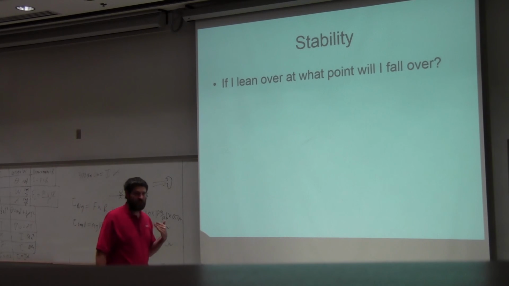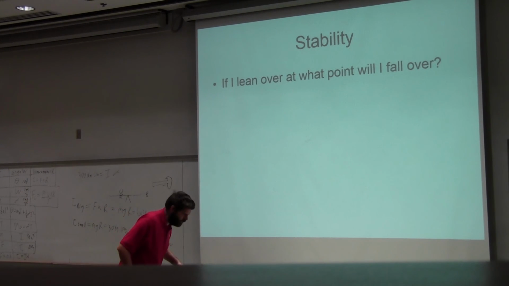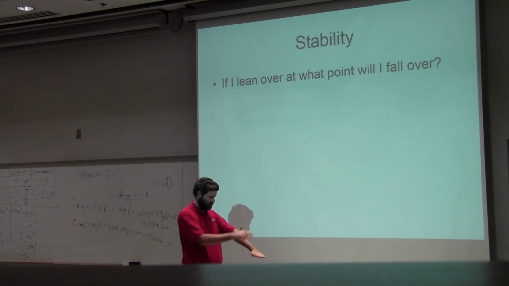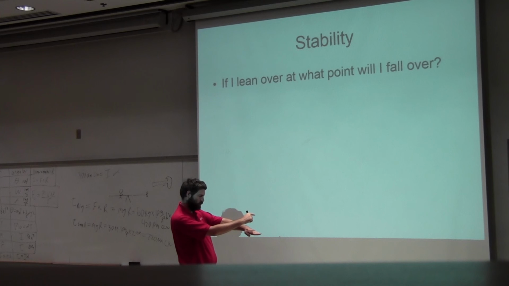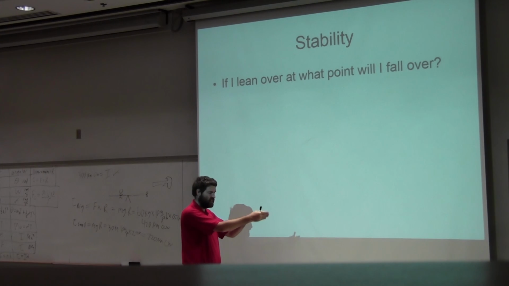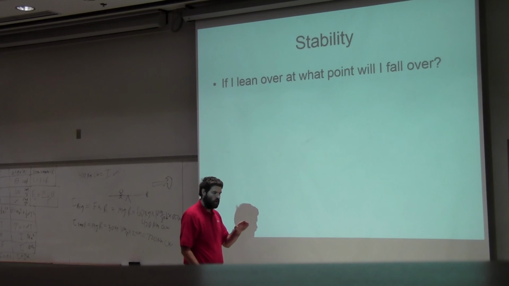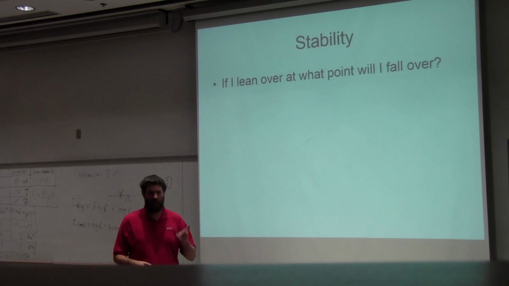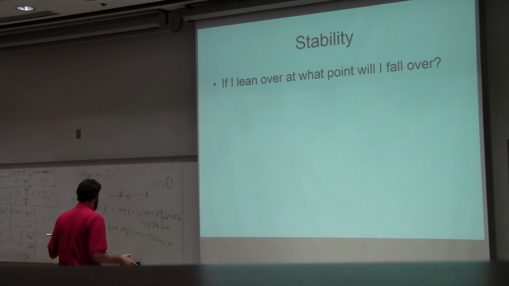Well, if you look at where my center of mass is, as I lean over, my center of mass moves. Here's my feet, here's me. My center of mass moves over and over. When my center of mass hits the end of my toe, I fall over. For something to be stable, the center of mass has to be supported by your base. If it is not supported by the base, it falls over.